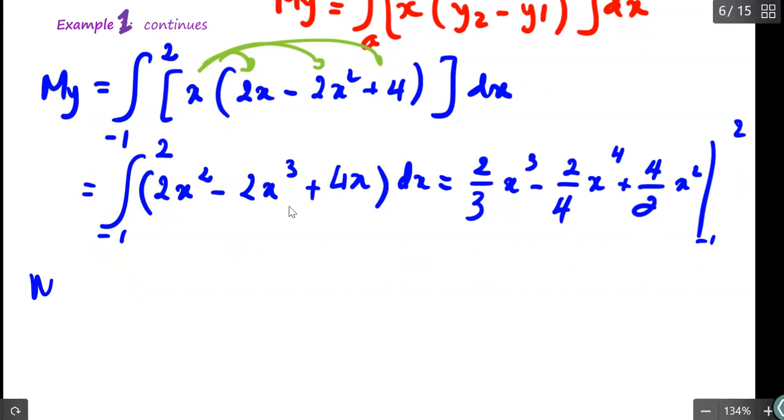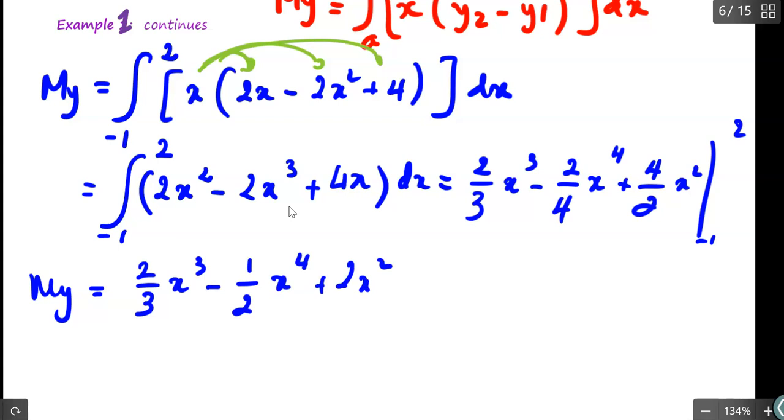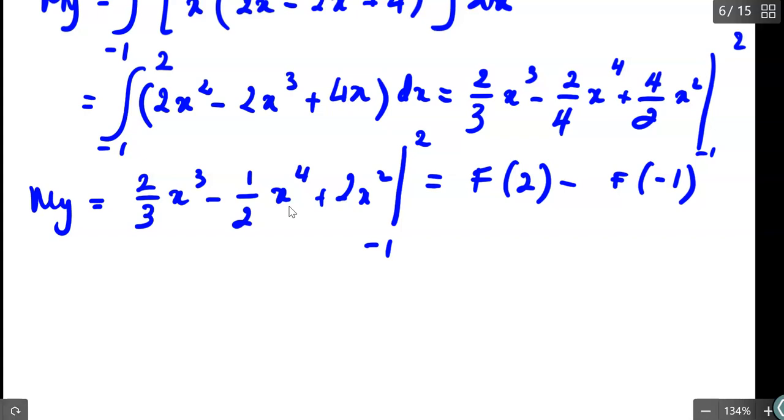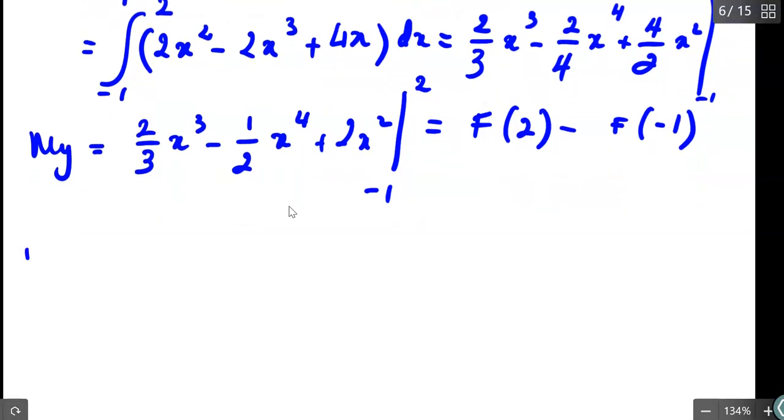Okay, so now My is equal to 2/3 of x cubed subtract a half of x to the 4 plus 2x squared. And we are going to evaluate from negative 1 to 2 by F of 2 subtract F of minus 1 in this case. Alright, so let's figure that out.